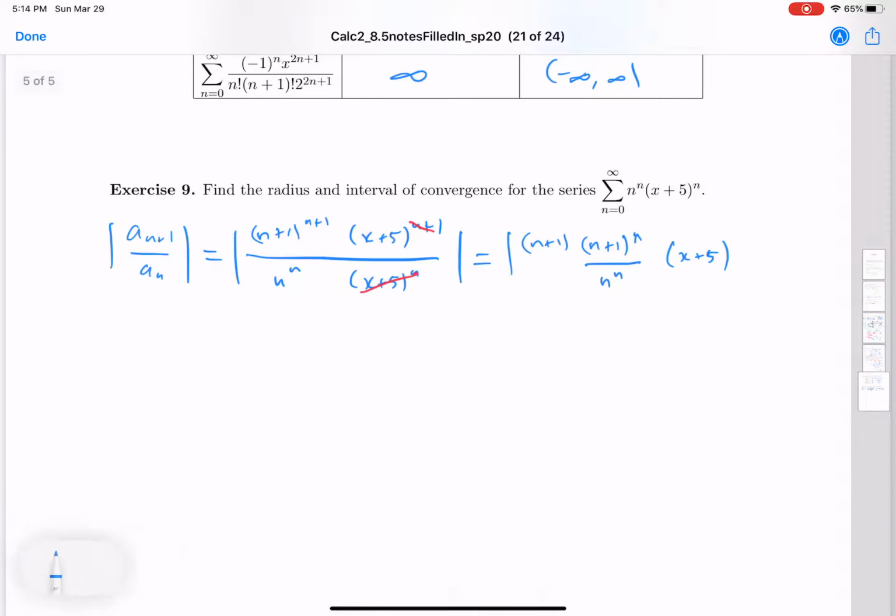So what happens to this thing right here? Well, we take the limit as n goes to infinity. This thing right here is going to turn into ((n+1)/n)^n. And this thing here is getting closer and closer to 1, and the n is getting closer to infinity.